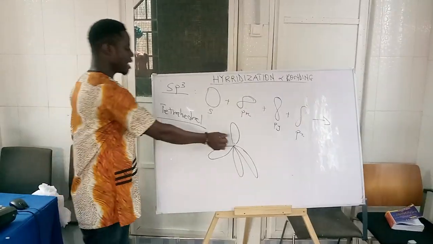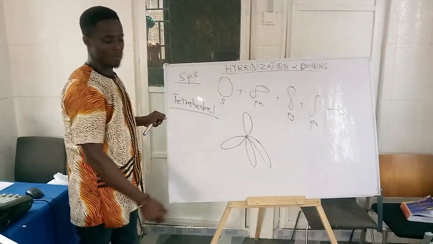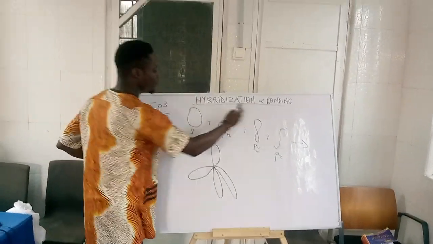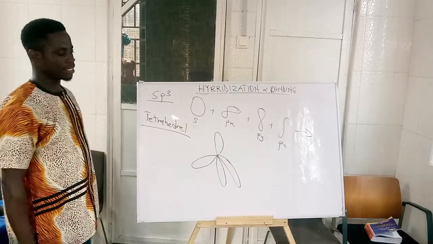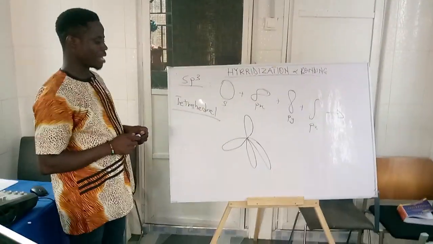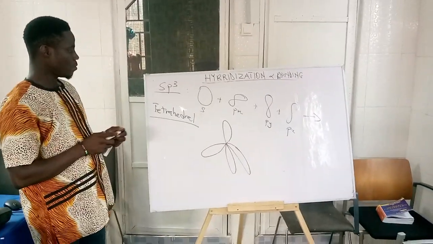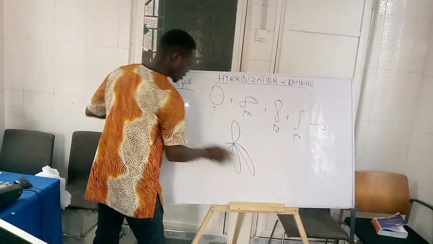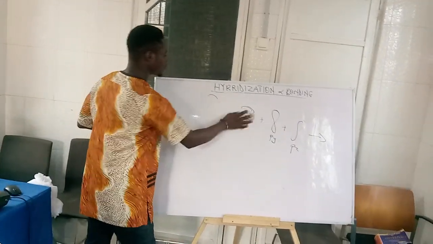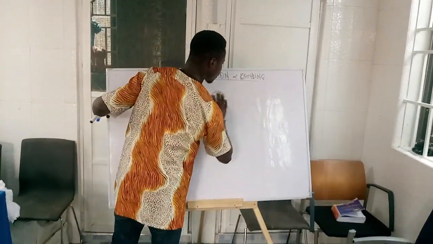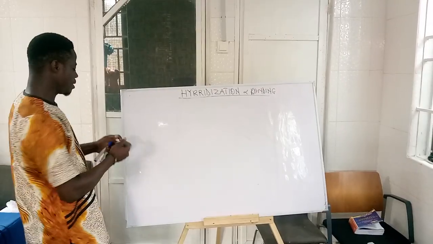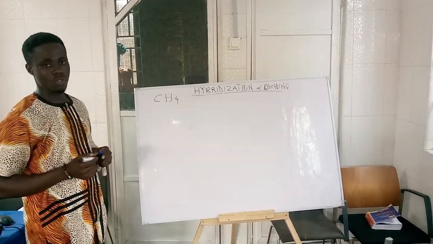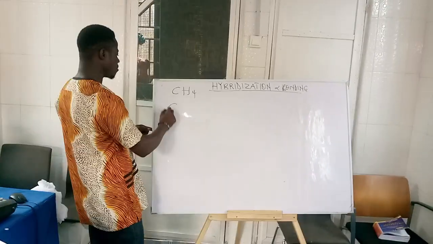And the number of hybrid orbitals formed is 4: 1, 2, 3, 4. But we mix an s orbital with 3 p orbitals. So that is sp3 hybridization. The best example we can give for this type of hybridization is methane, CH4. In this case, you need to consider the central atom, which is carbon.